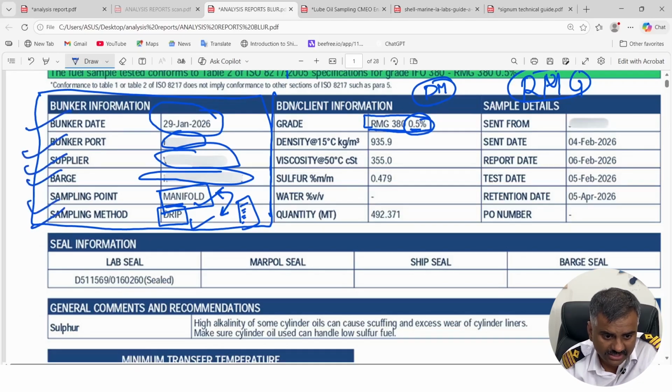This is as per you, they have just printed it on your report sheet for identification. Okay, sample details, bunker information and BDN information.